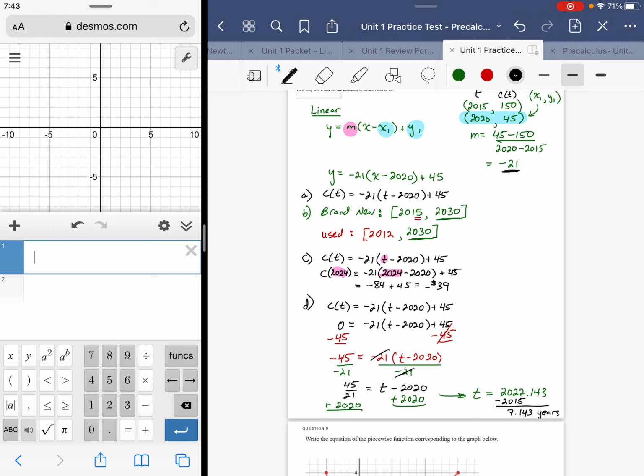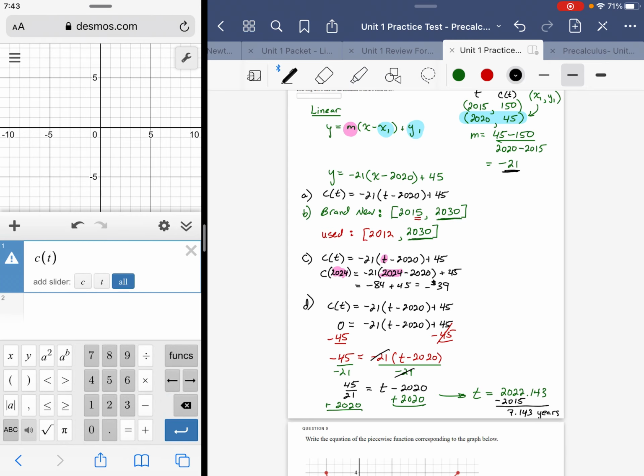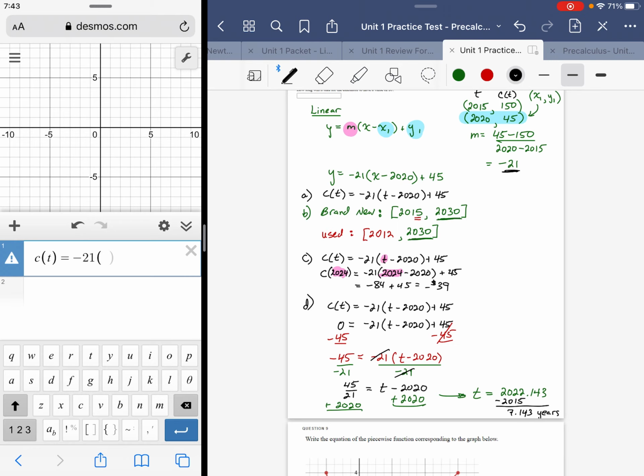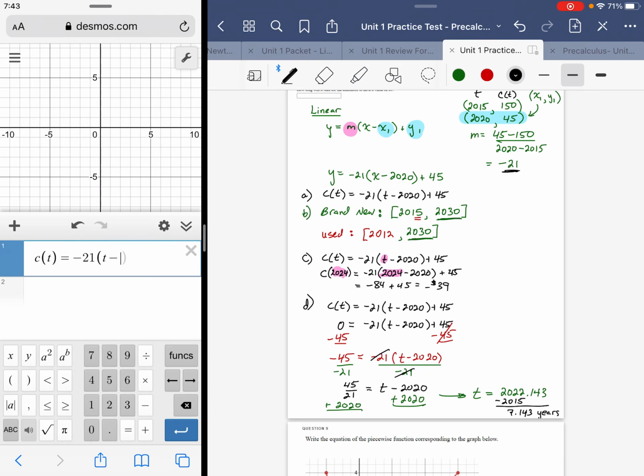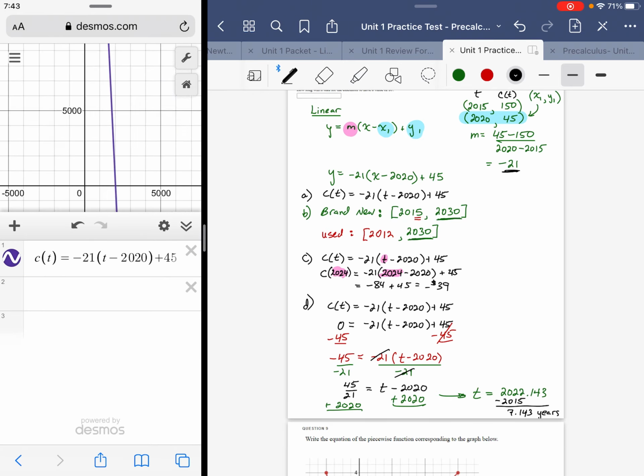You can still write it as C of t, so I'll just do that. So negative 21 paren t minus 2020 plus 45. So we have an equation there. It doesn't show up on the graph because the numbers are so large, but if you zoom out a lot, it will. You know, eventually.